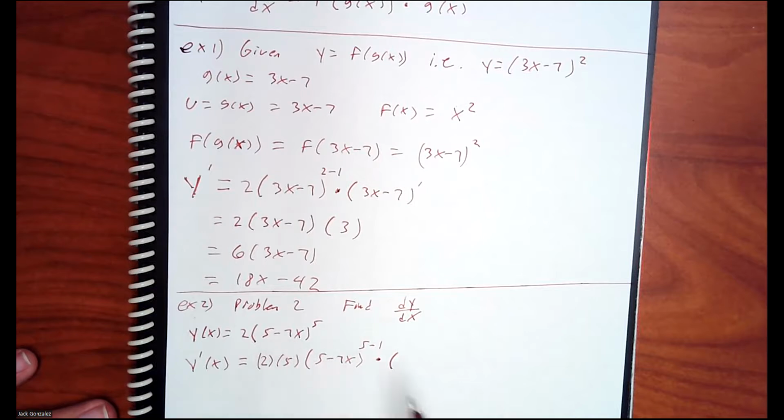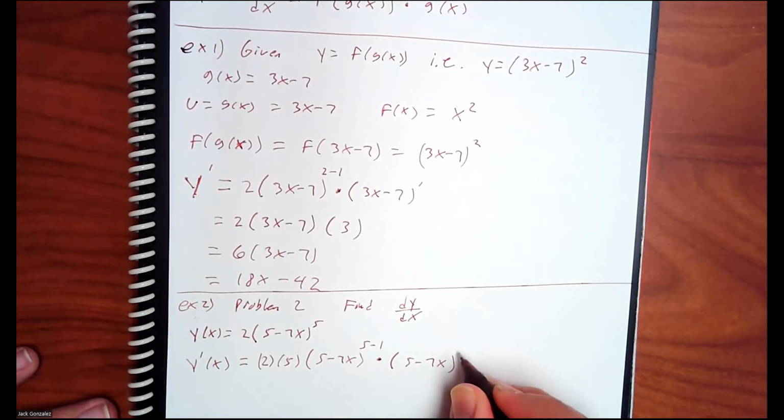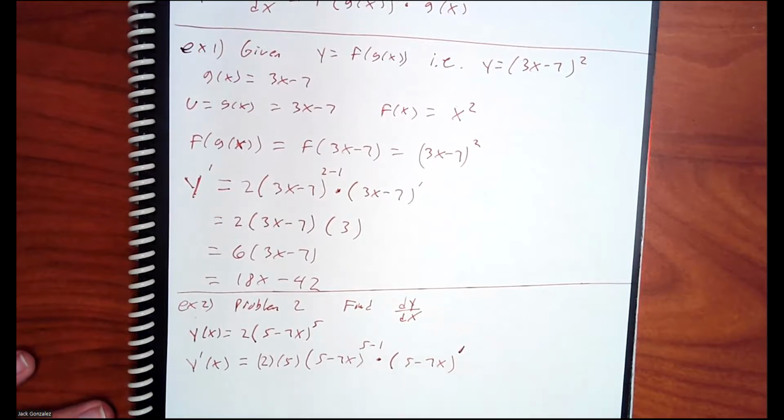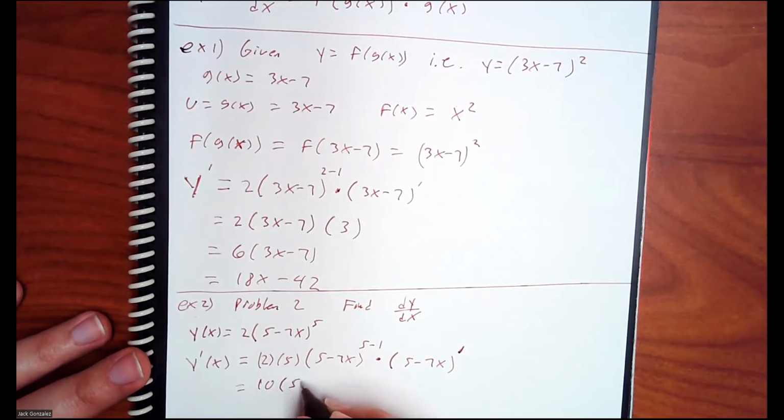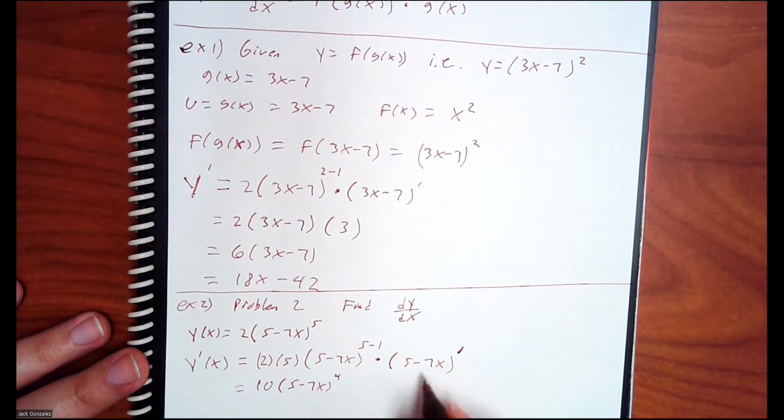I guess it would matter. Yeah, it doesn't matter. -7. So that will become 10 times 5 minus 7x to the 4th times -7.